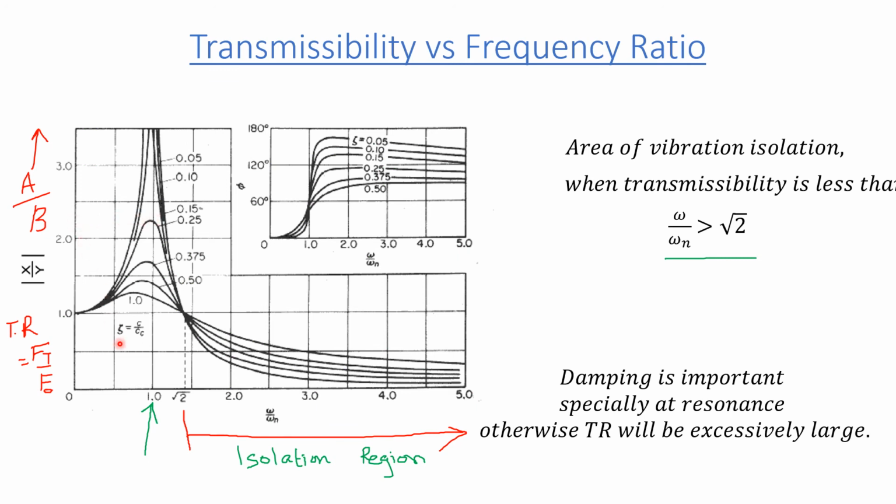It means while designing the isolator systems, damping is very important, especially at resonance. Otherwise, transmissibility will be excessively large.